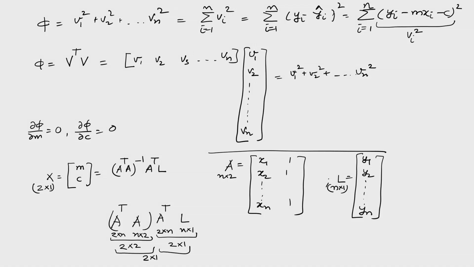If you have the data x1, y1, x2, y2, and so on up to xn, yn, you can formulate matrix A very easily, you can formulate matrix L very easily, and then you can write a solution just by multiplying and taking inverse. Nowadays, commercial IDEs or the free IDEs, IDEs meaning interactive development environment, like Python, which is free, have these inverse and matrix multiplication operations freely available, or rather they are inbuilt modules.